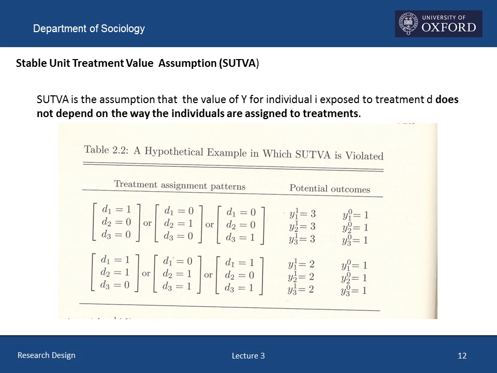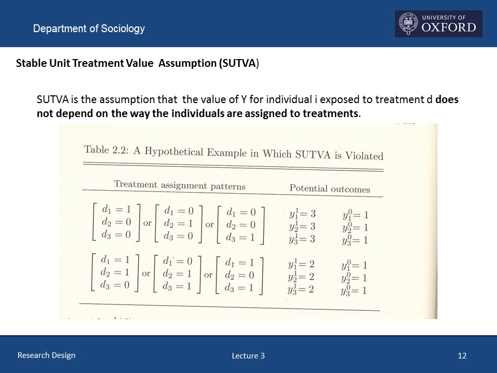This is the so-called stable unit treatment value assumption, usually abbreviated to SUTVA. SUTVA is the assumption that the value of the outcome for an individual I exposed to treatment D does not depend on the way in which the individuals are assigned to treatments.